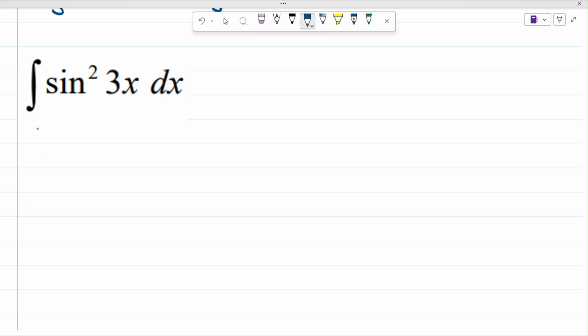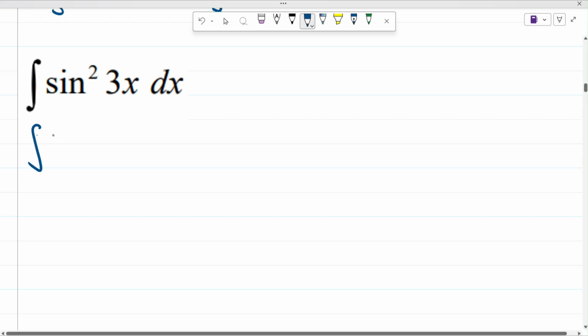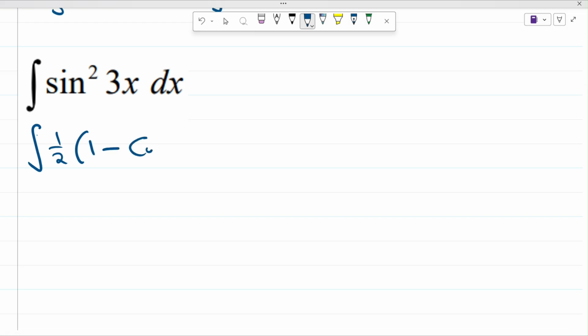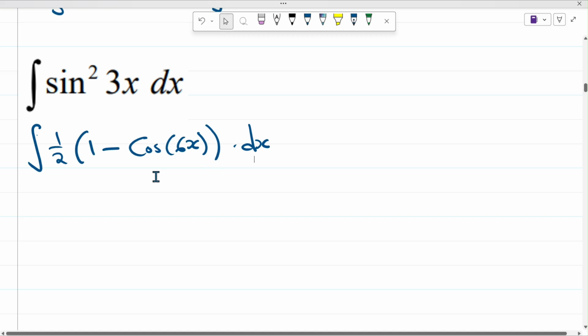So here we are going to rewrite this into 1 over 2 into 1 minus cos of 6x dx, and from there it will be easy for you to integrate.